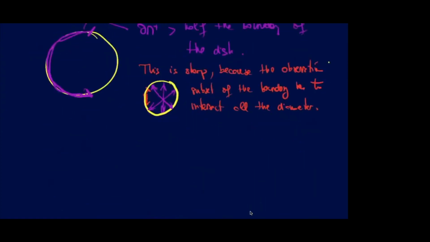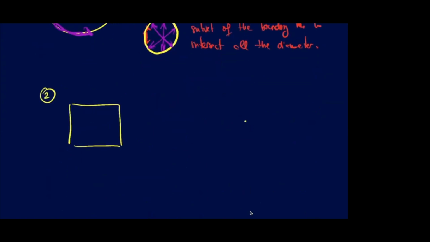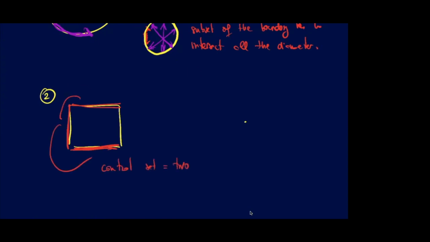Maybe the second example that we can do, these are the simplest, is the square domain, right? If you place the point here, what happens then in the square domain? Well, typically you will get control on these three parts. So this is the control set, three sides.